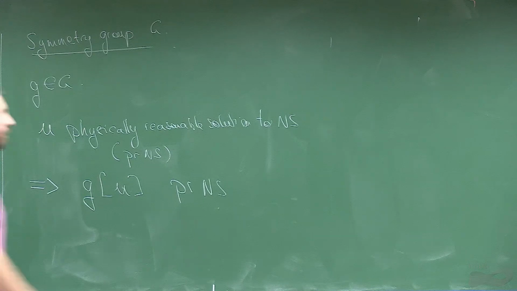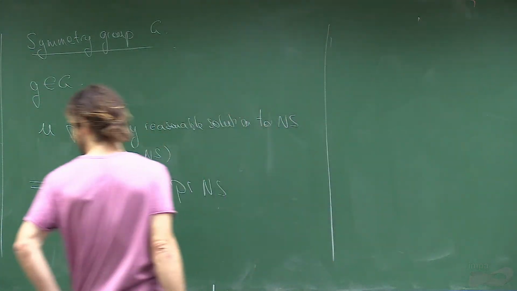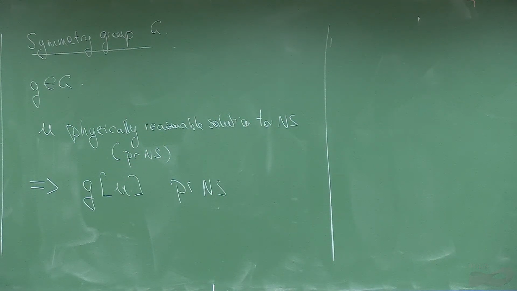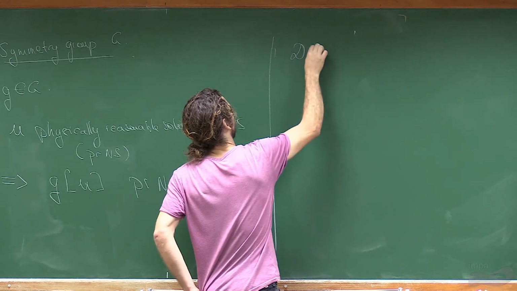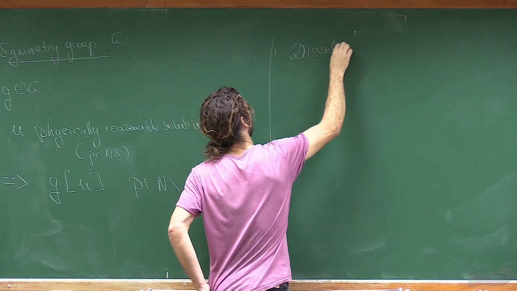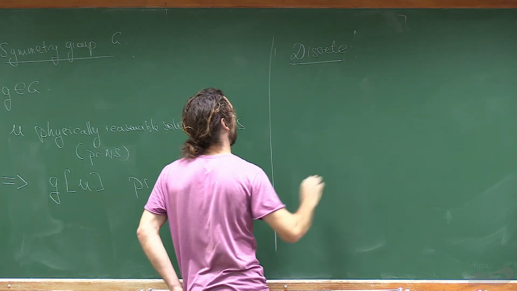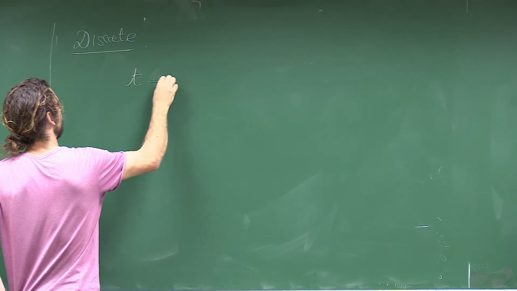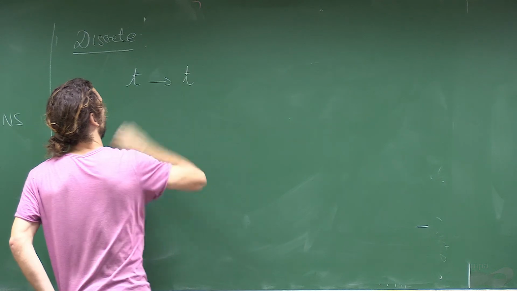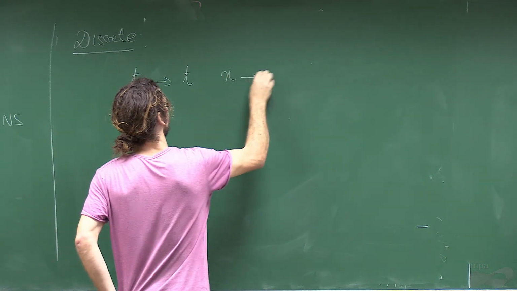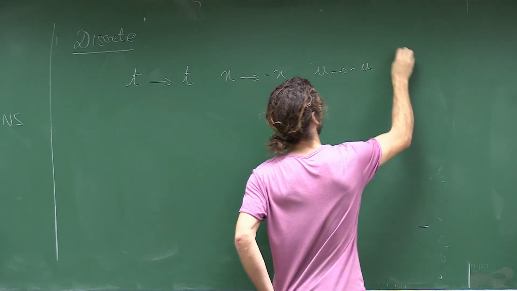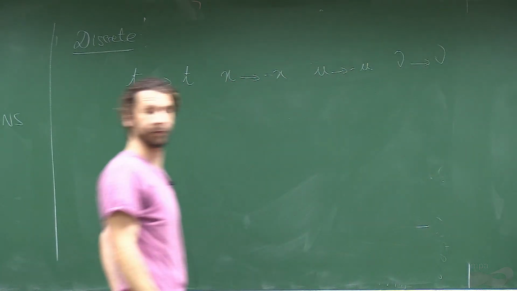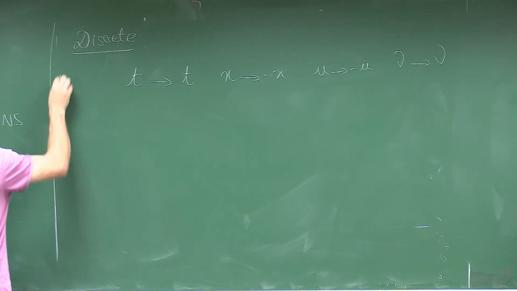So let's list the symmetry groups of the equation. There are some discrete groups. The first one is obtained by changing t to t, so you don't change it, x to minus x, u to minus u, and you leave the equation invariant, and that's parity.